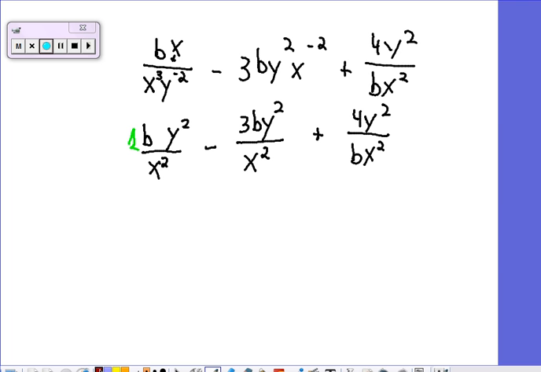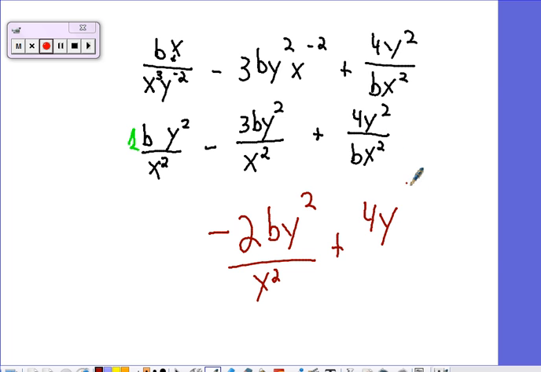That's going to be a 1. So what is 1 minus 3? Negative 2. So our new problem is going to say negative 2 b y squared over x squared. And since this one's different, because our denominator is different, that we leave alone. And now it's solved.